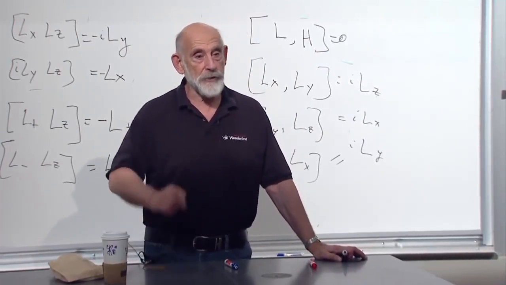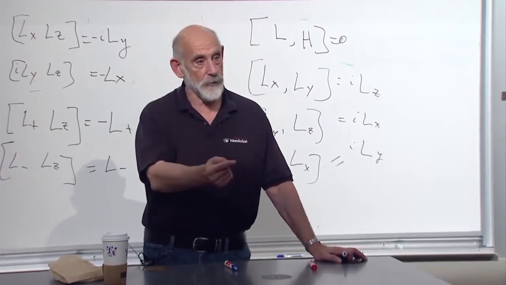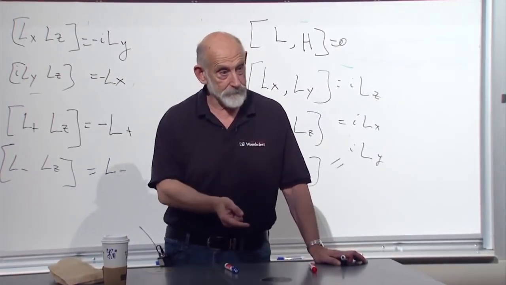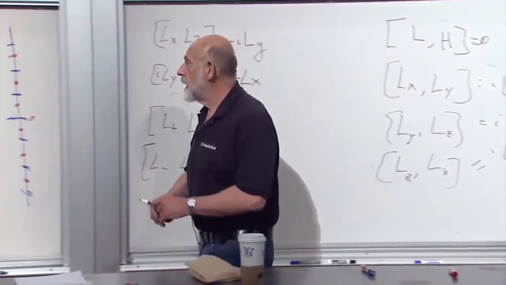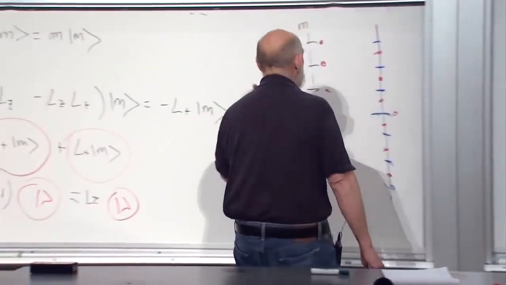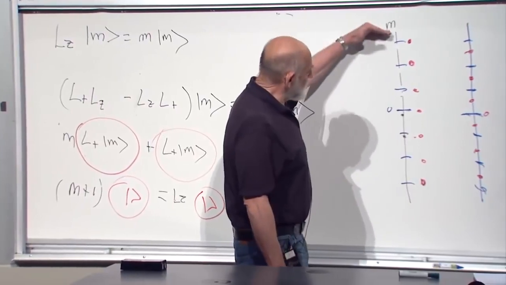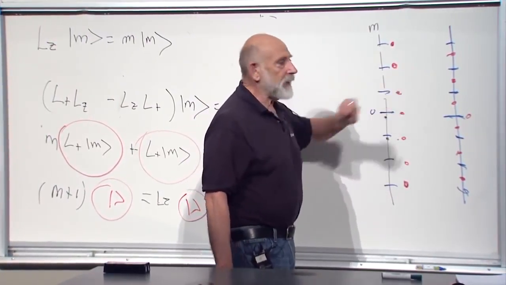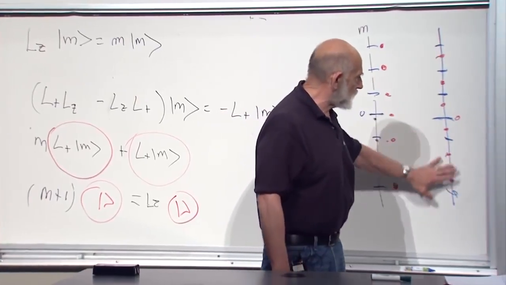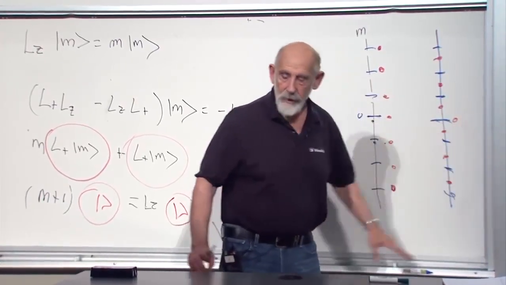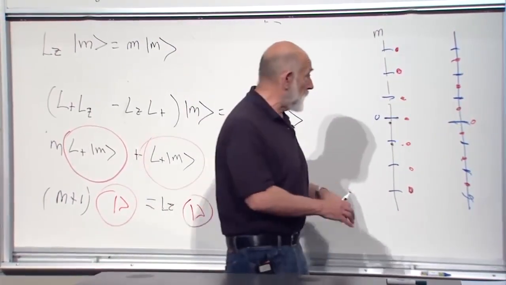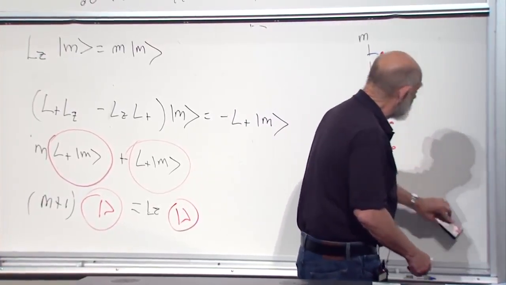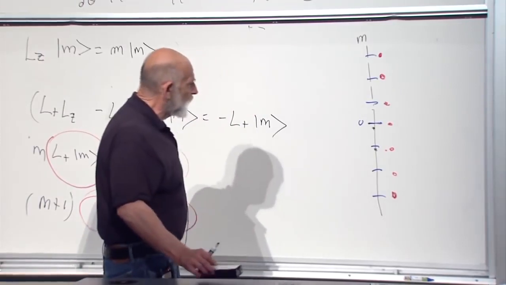We proved it by saying the wave function has to be single valued when you go all the way around. So on the face of it, it would seem that this is the only physical possibility. In fact, this possibility here is also real, and it corresponds to spin angular momentum. But for the time being, let's just get rid of it. We'll come back to it.